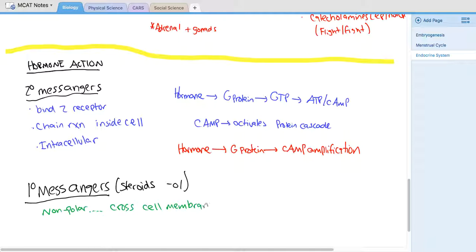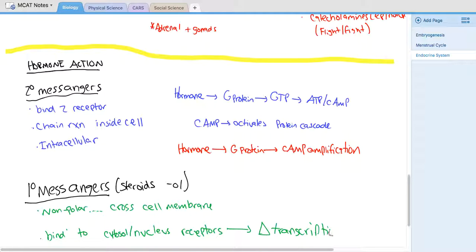Because they can cross the cell membrane, you're not going to have this whole intermediate middleman process. What these are going to do is bind to cytosol/nucleus receptors, and ultimately you're going to have a change in transcription.